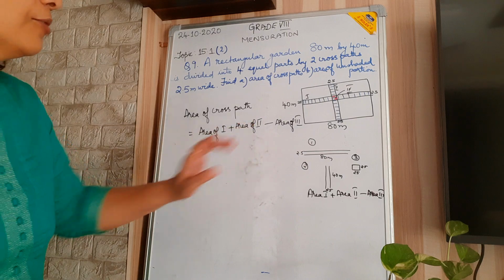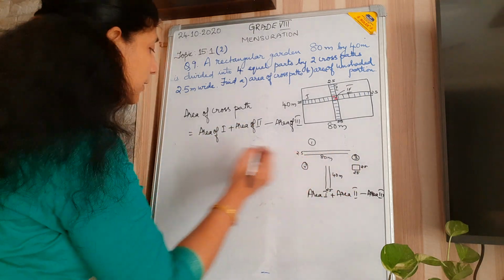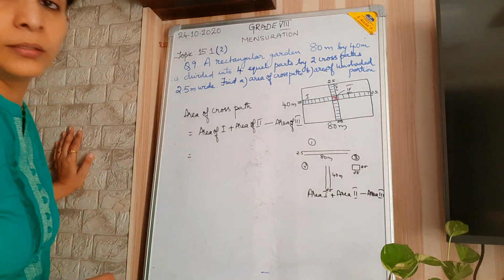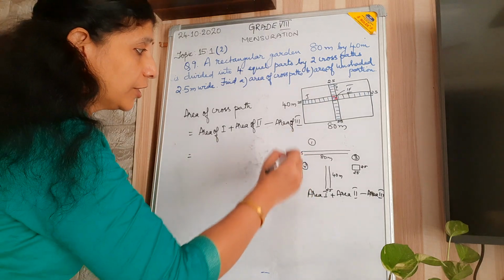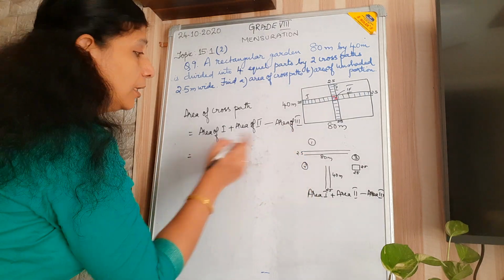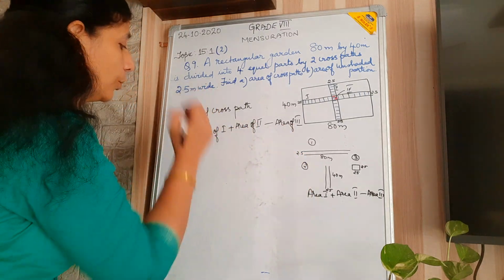Now what is the area of the first one? Along the length, it is length into breadth. So it is 80, and the breadth is the width of the road.